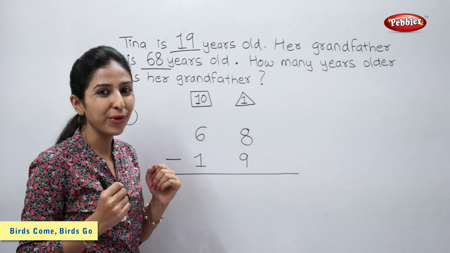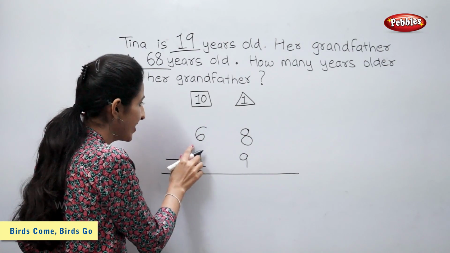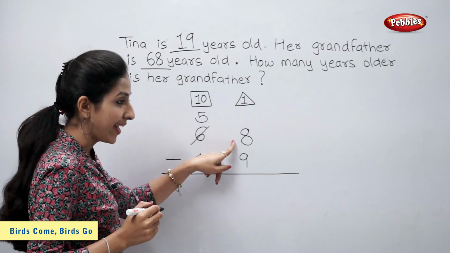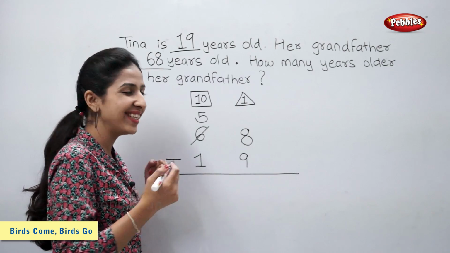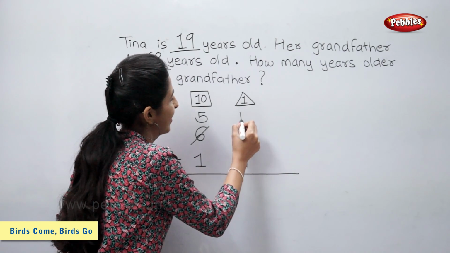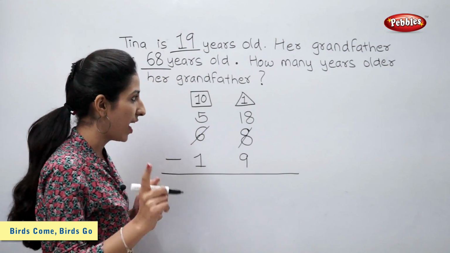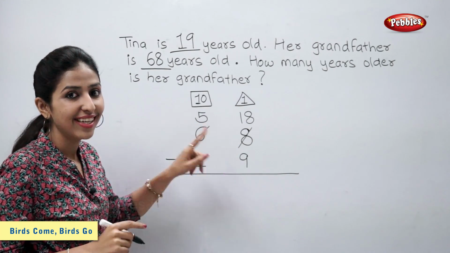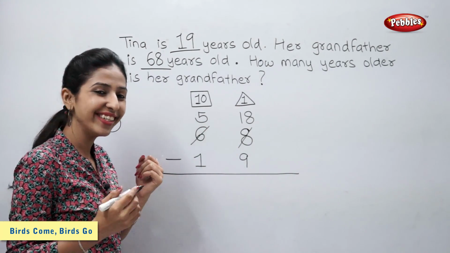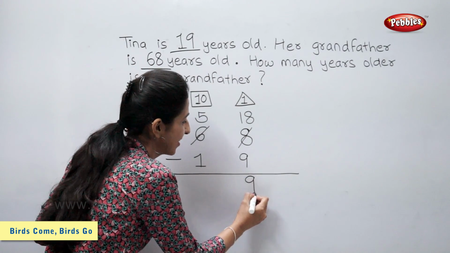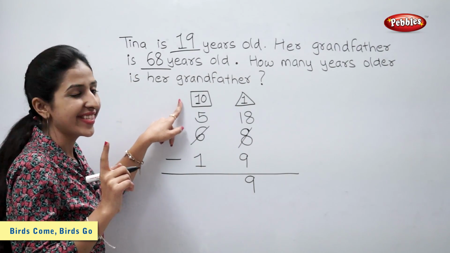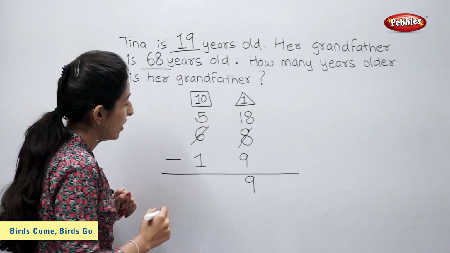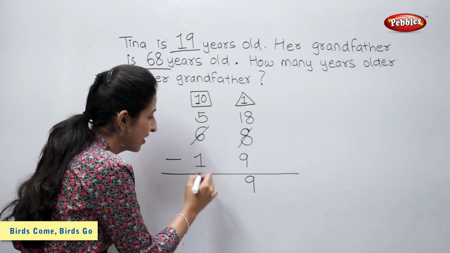So, we will borrow. 6 becomes 5. 8 becomes 18. Now, 18 minus 9 is equal to 9. Tens. 5 minus 1 is equal to 4.